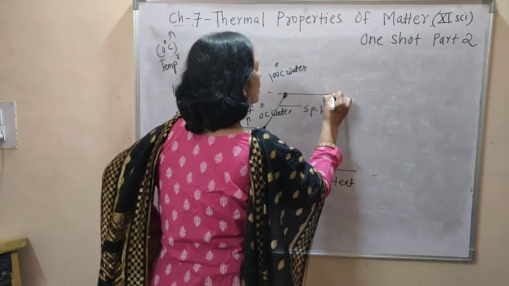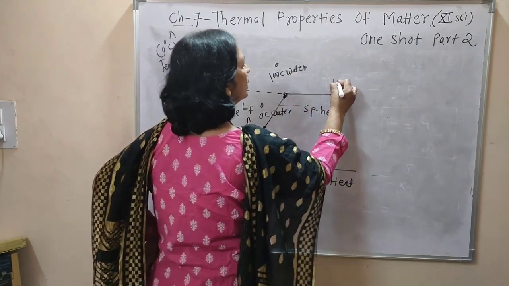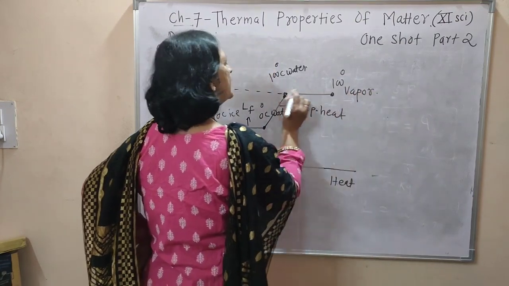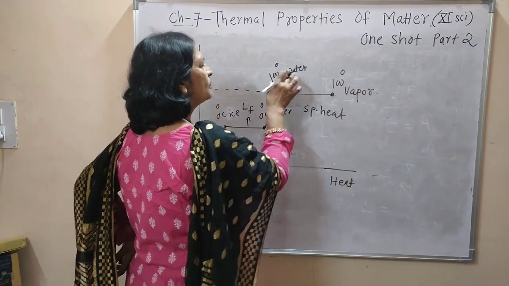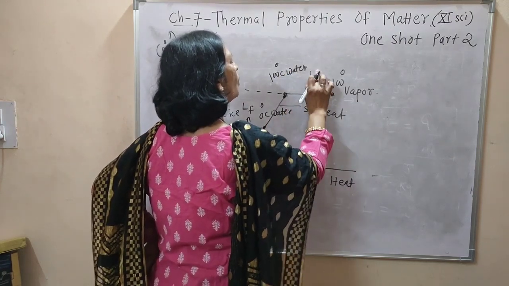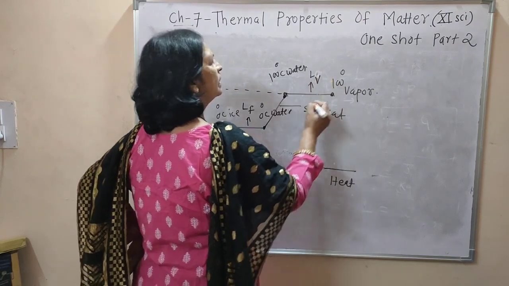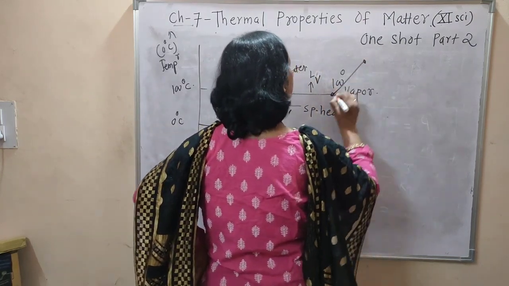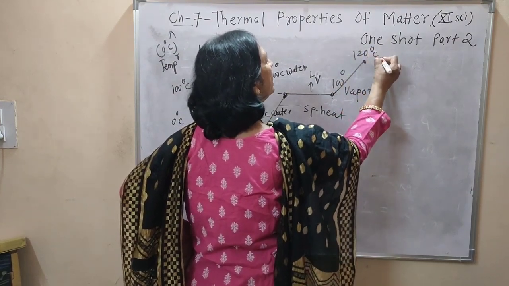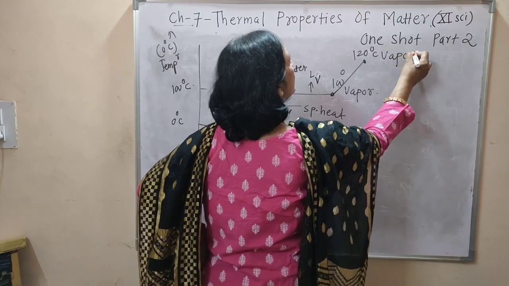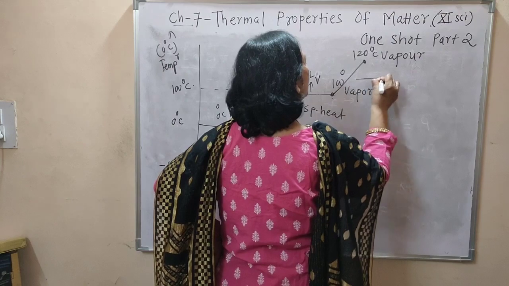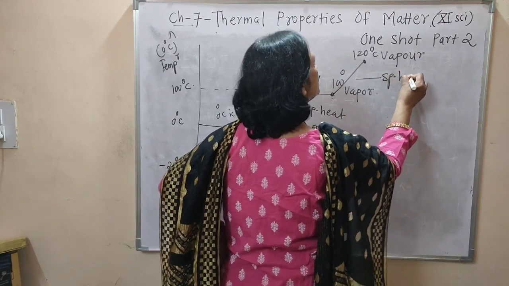Now we have to convert this water into vapor, and the phase is changed at 100 degree Celsius from water to vapor, and that heat is called latent heat of vaporization. And again we have to increase the temperature from 100 to 120 degree Celsius. The heat required for that is the specific heat.